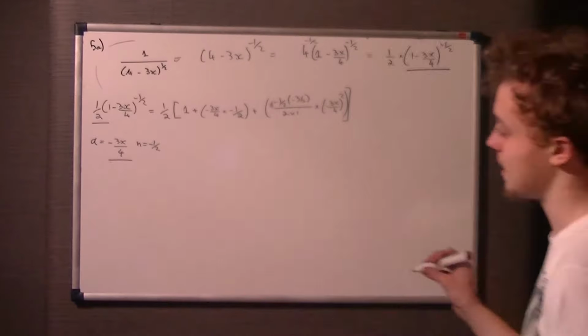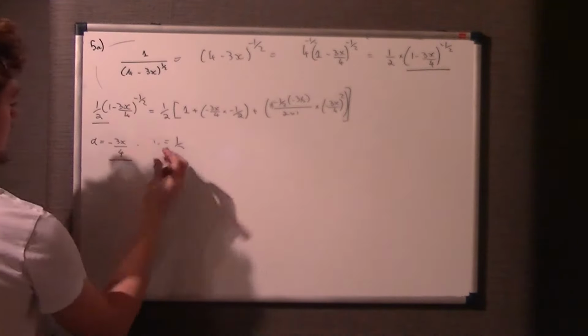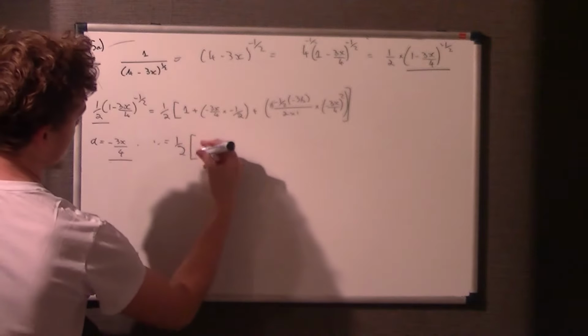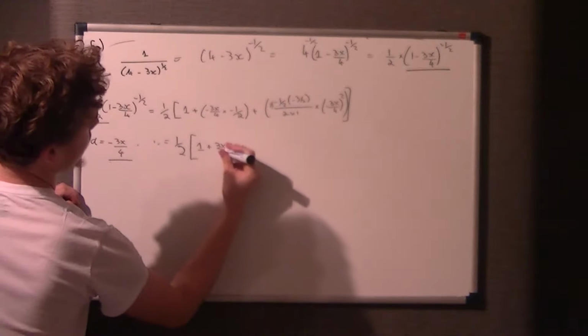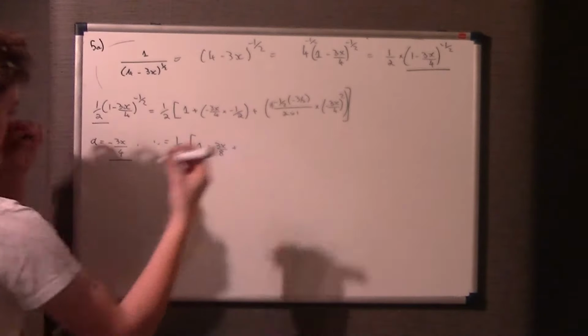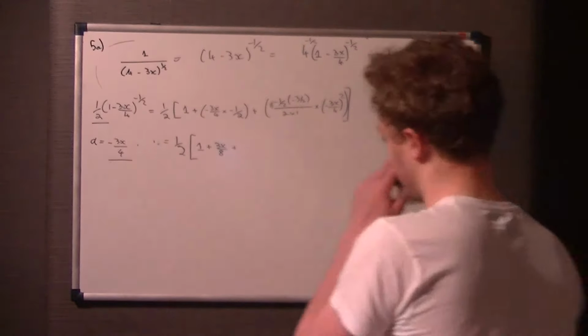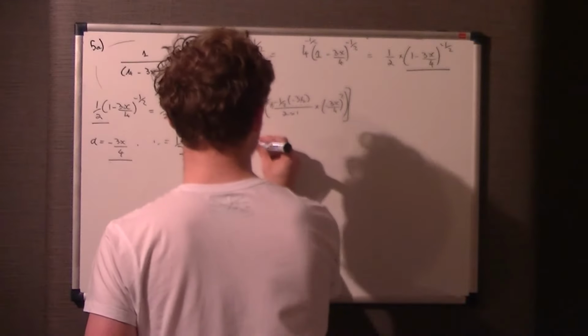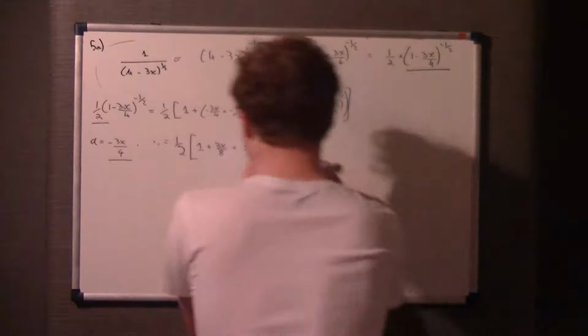So then it's just a case of expanding all this. So I'll move that out of the way. The first term remains as 1, and then we get plus 3x over 8, and then we simplify that down, so I've got the answers: 27x squared all over 128.